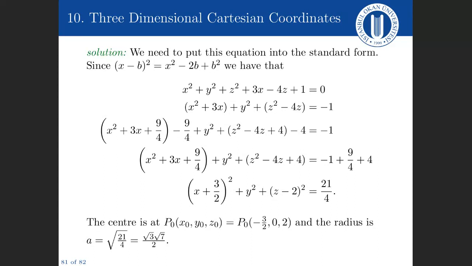We're going to start with the equation I've given, and we're going to use this property, which I had in red. Remember that (x minus b) squared is equal to x squared minus 2bx plus b squared.